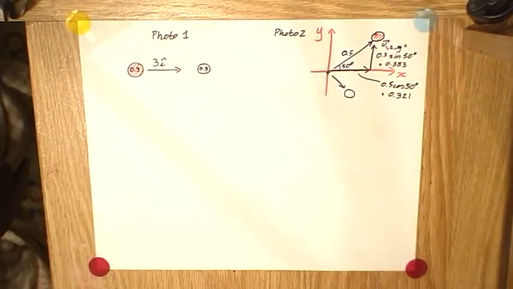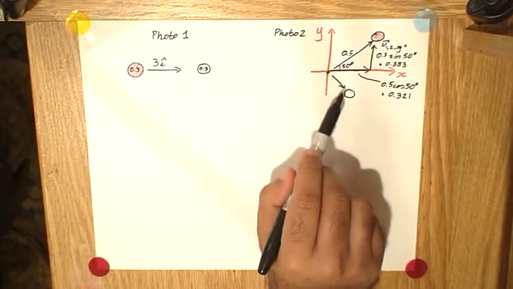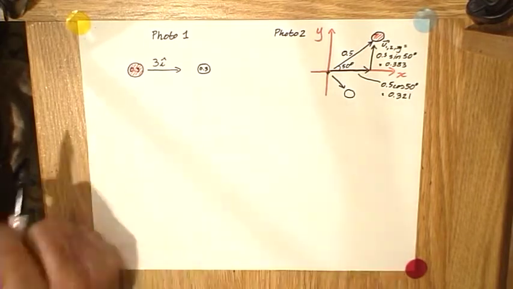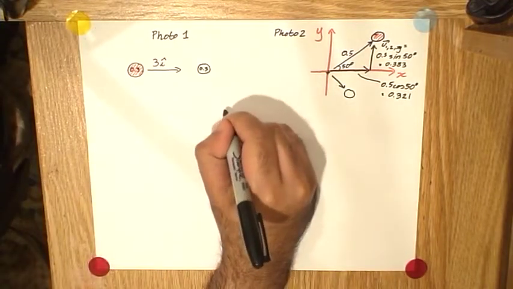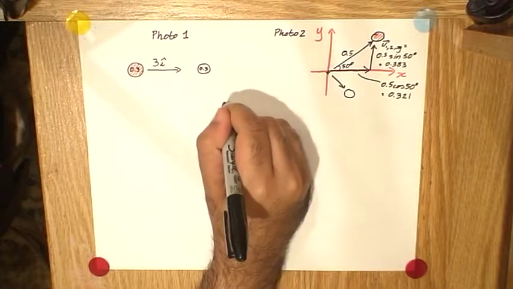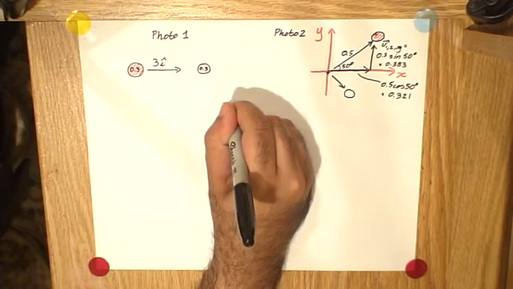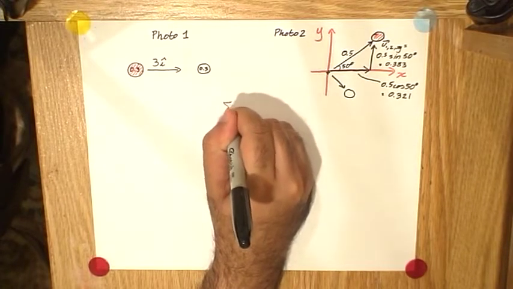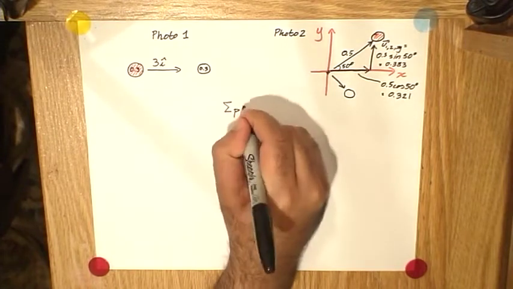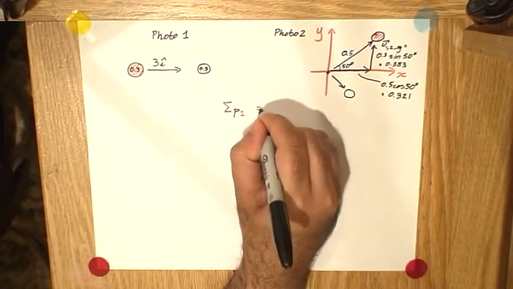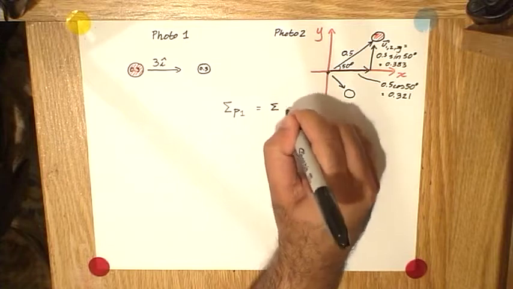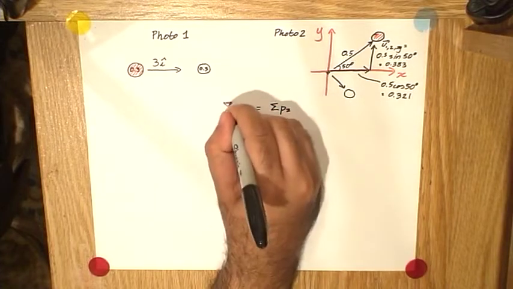Now that we have this information, let us use conservation of momentum to solve for what the final velocity of this ball must be. Conservation of momentum tells us that the total momentum in photo 1 is equal to the total momentum in photo 2.